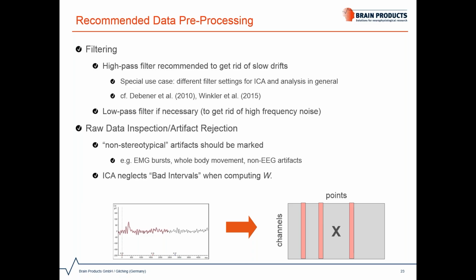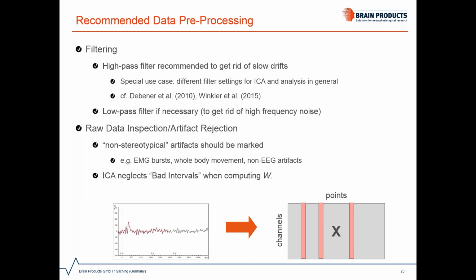As you can see in the graphic, the areas in the data are marked as bad intervals, and they are neglected in the data matrix X when the unmixing matrix W is optimized. This means that those marked artifacts will not contribute to the weights that decompose the data.